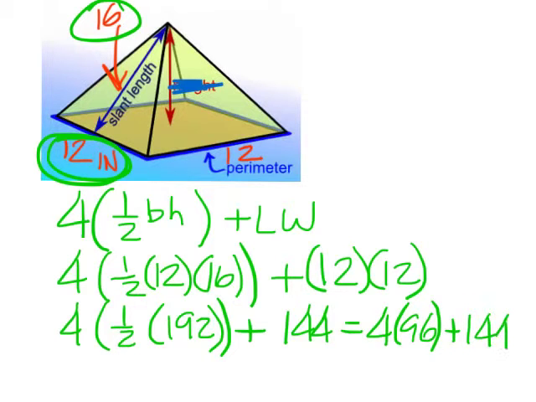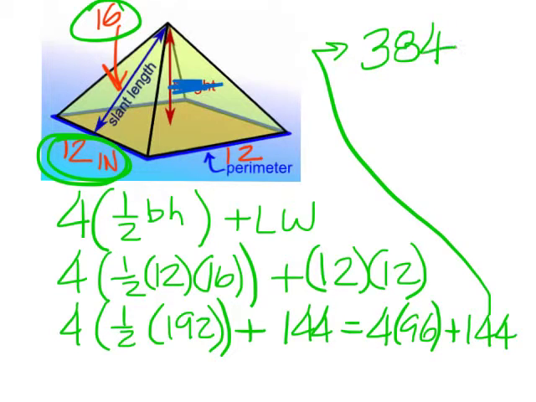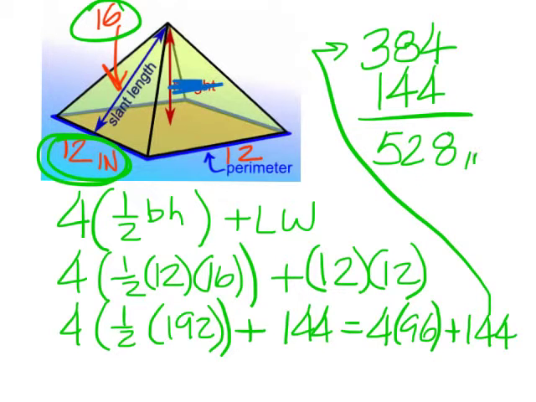And then plus 144. We'll have to finish this up top. 4 times 96 is 384. And then you add 144 to that, and come up with 528 inches squared.